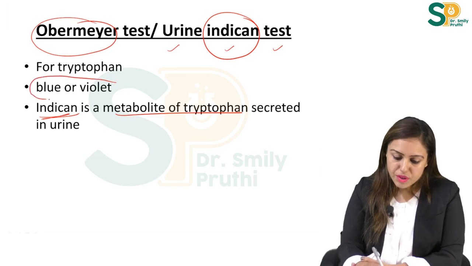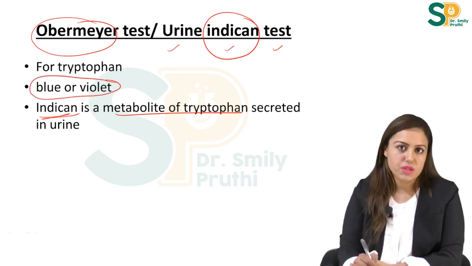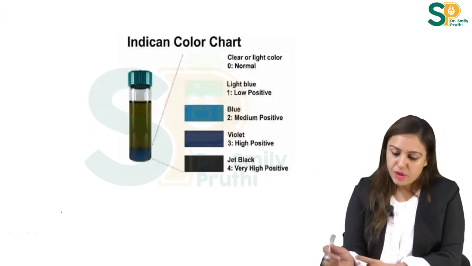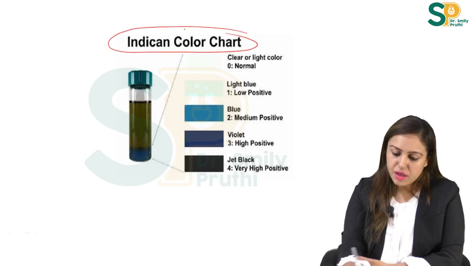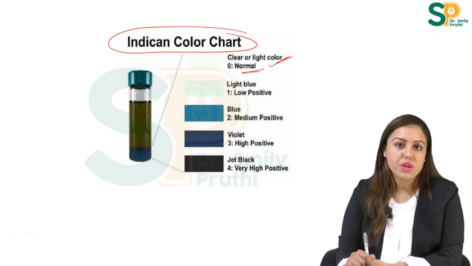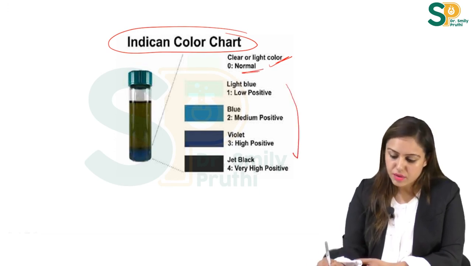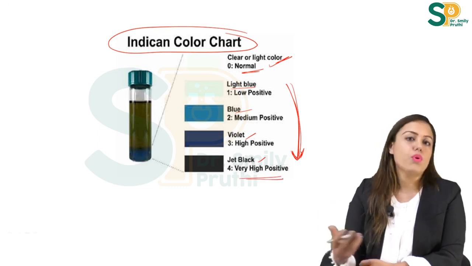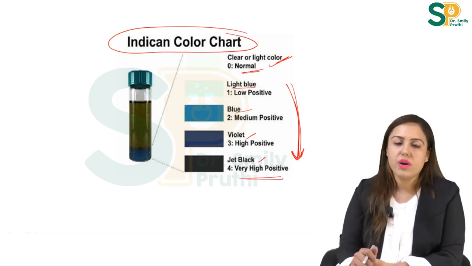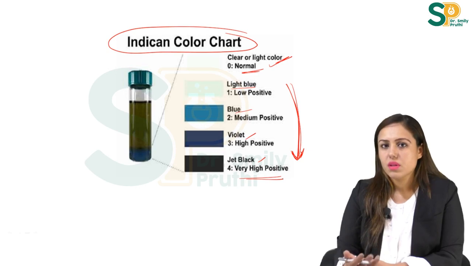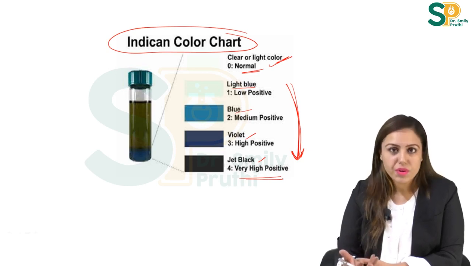And the positive test gives blue or violet color. See this indican color chart: no color means normal levels, and the color goes on increasing in this list: light blue, blue, violet, jet black. So the more the color, the more tryptophan is there in the body, or in the urine, right?